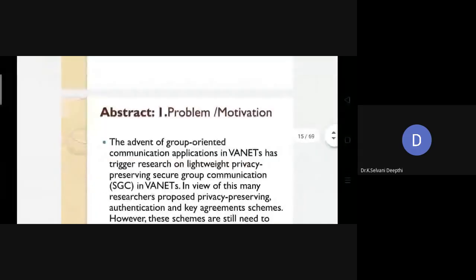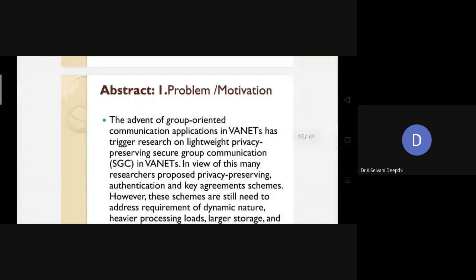First, in the abstract, we have to reflect on the problem. What is the problem you have identified? Communication between VANETs. That is an important area. First we have to tell the advent.